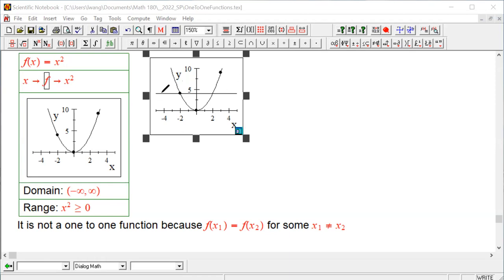When I draw this line, I want you to reflect on the definition of a one-to-one function and what it means here.